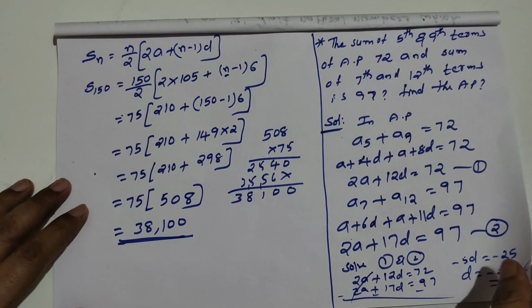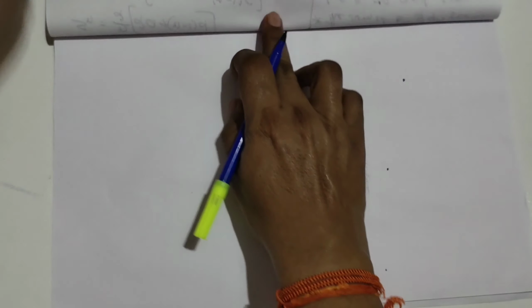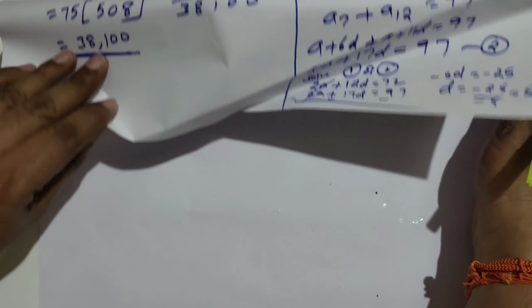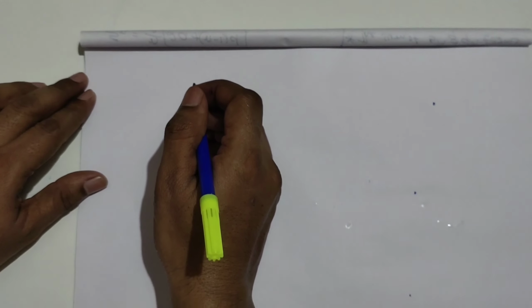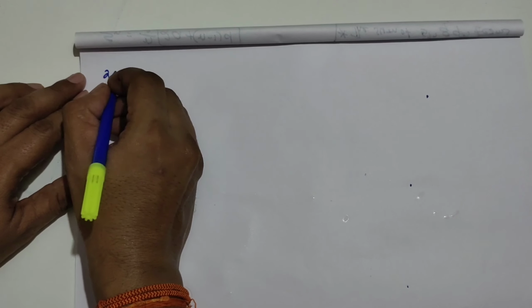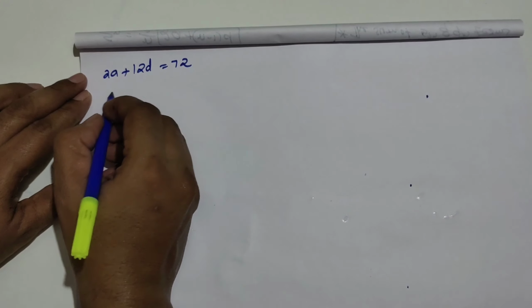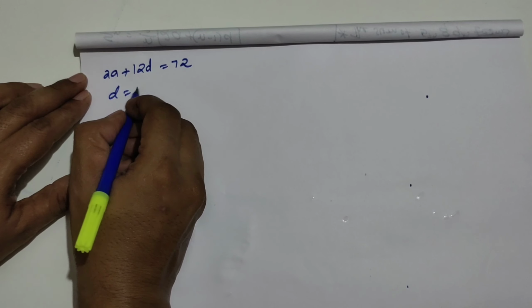Now substitute the d value in equation 1. 2a plus 12d equal to 72, d is equal to 5.